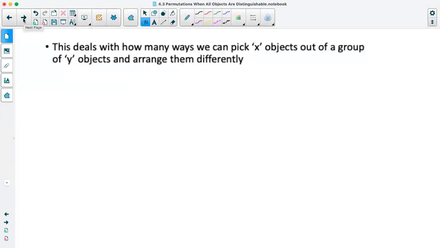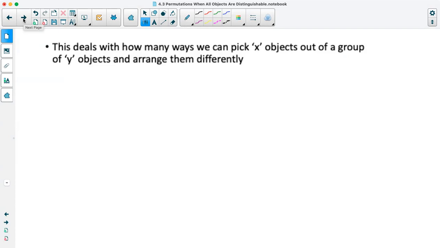So this deals with how many ways we can pick X objects out of a group of Y objects and arrange them differently. For example, we might have to choose, say, 4 things out of a group of 15 and come up with how many possible ways we can A, make that choice, and B, arrange them.